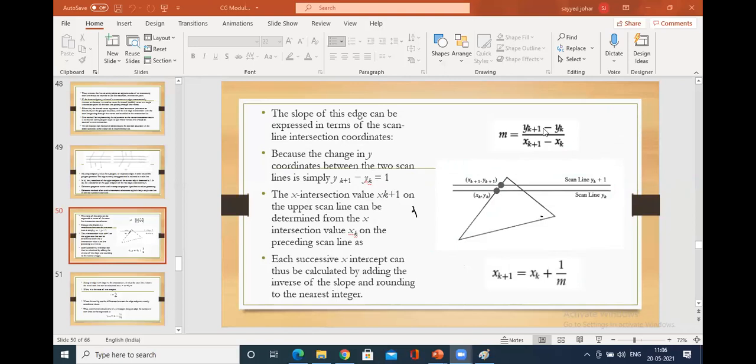M equals yk plus 1 minus yk over xk plus 1 minus xk. And how do you calculate xk plus 1? We derived this using the DDA algorithm. So xk plus 1 could be derived as xk plus the reverse of the slope, that is xk plus 1 by m. Clear? Just analyze this.